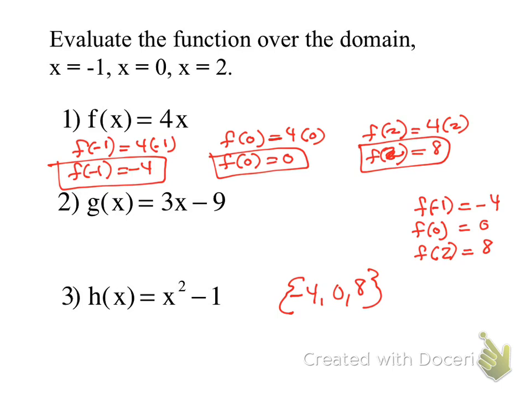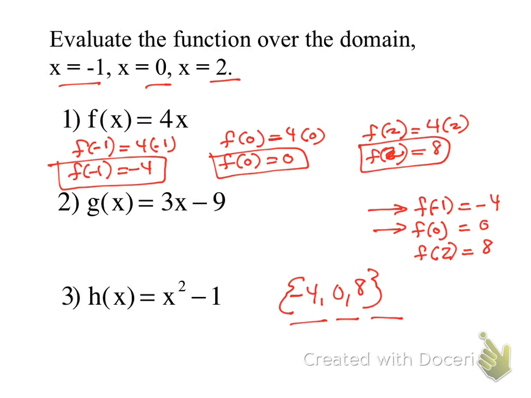Okay, I could do that. The problem is the order you put them in here is the order that they give them to you. So if they don't give them to you from least to greatest, you could potentially get them wrong because you put them in the wrong order. Does that make sense?